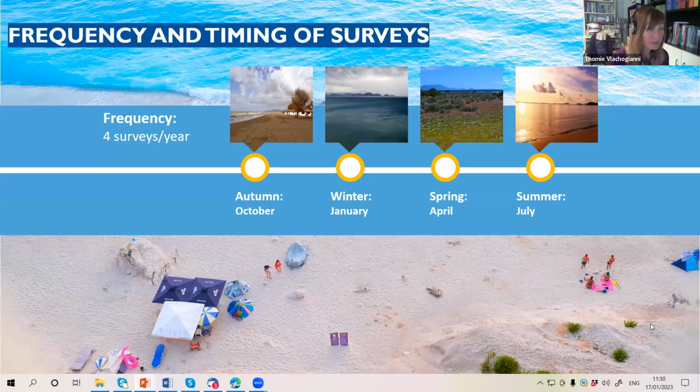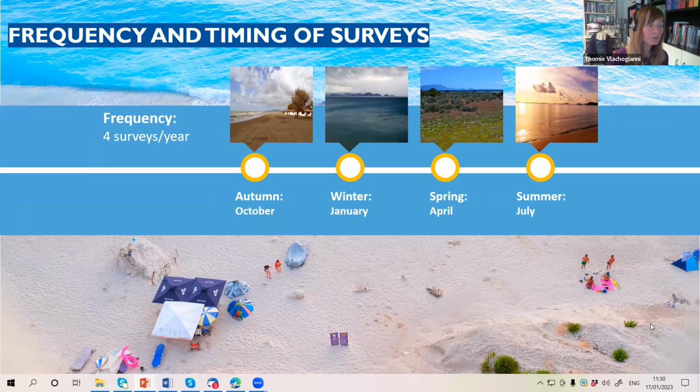Regarding now the frequency and timing of surveys, surveys should be conducted in the four seasons of the year: in autumn, in October, in winter, in January, in spring, in April, and in the summertime in July. The data from this seasonal monitoring are used to calculate the means and averages of the litter densities.